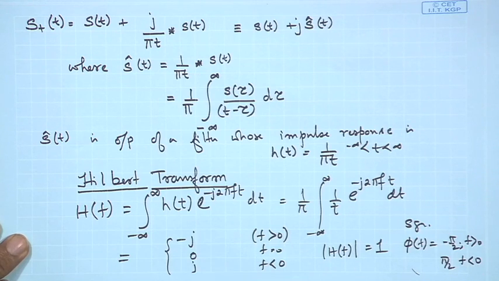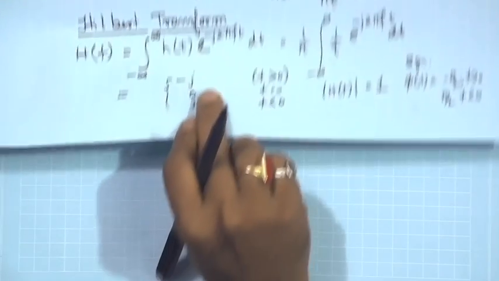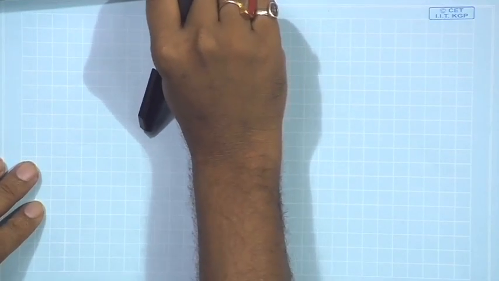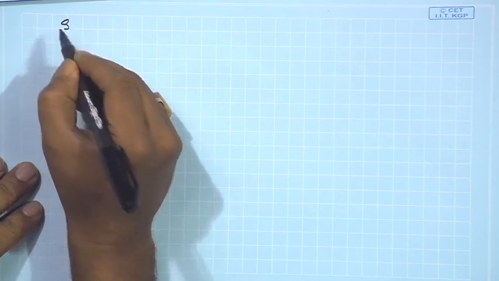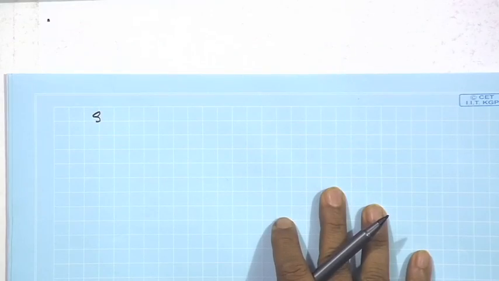So, this is the relationship that would help us. So, if we have this, we can move forward and we are interested in the last expression that we have here. We have S plus of t. So, we would be interested in writing this particular expression.